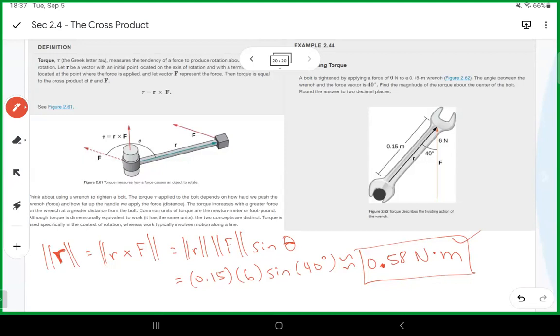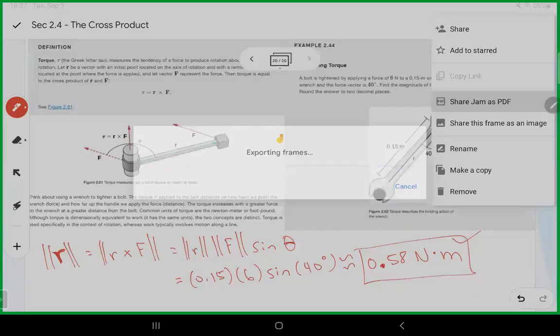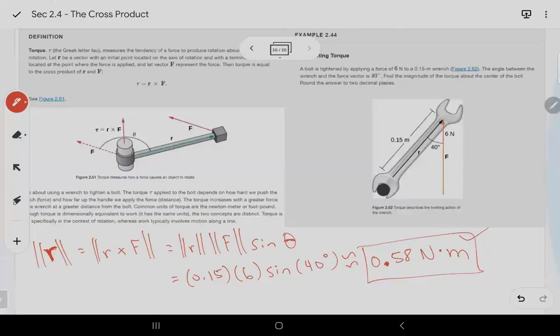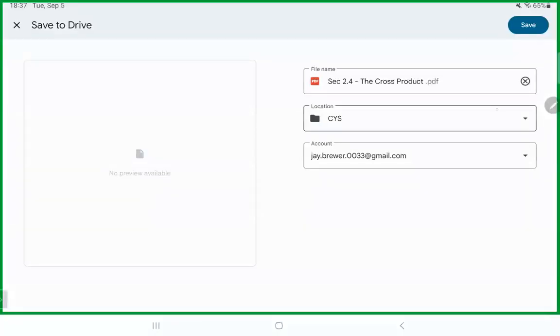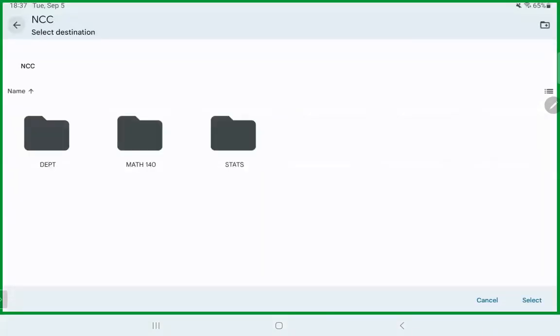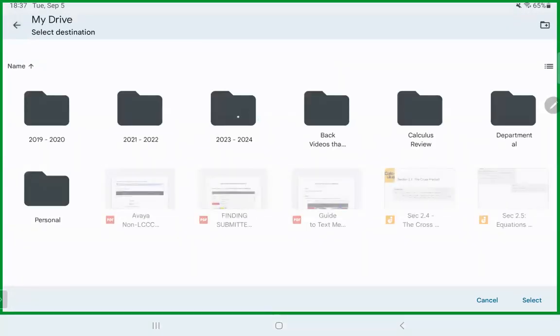So let me save that as a PDF. And then hopefully I can just save your stuff real quick.